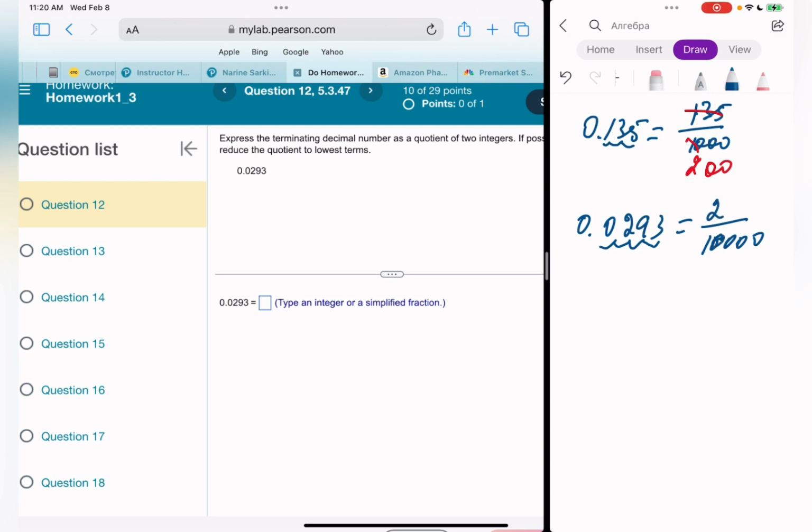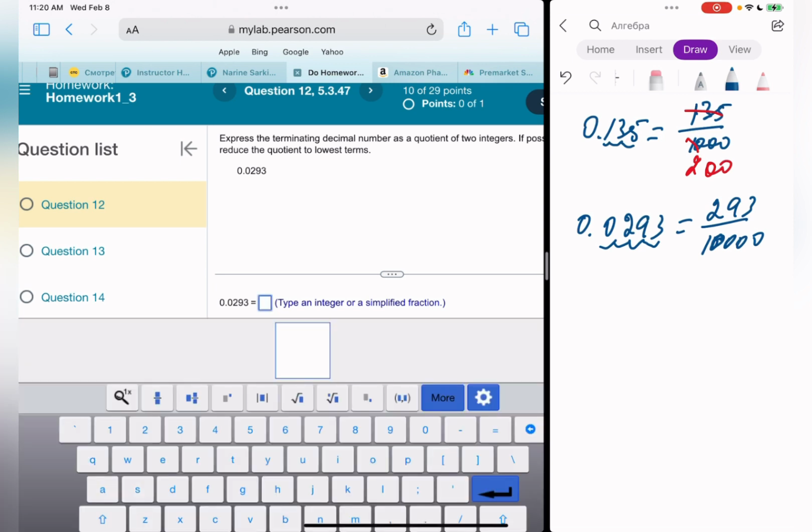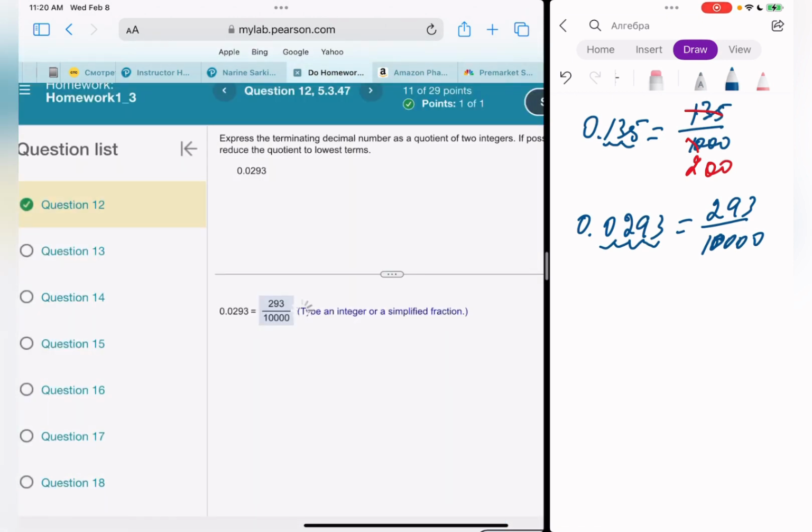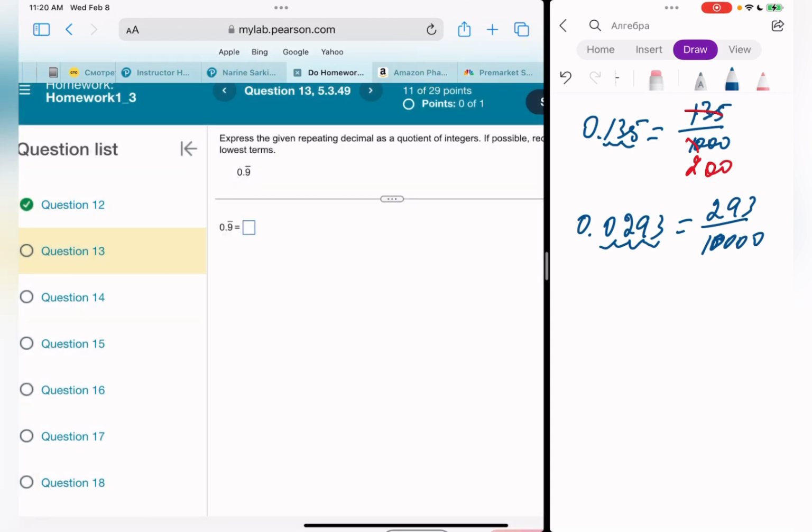And here will be 293. Can I reduce by anything? I don't think so. So it's going to be the answer. 293 divided by 1 and 1, 2, 3, 4 zeros. Let's check. Fantastic. Okay, number 13.